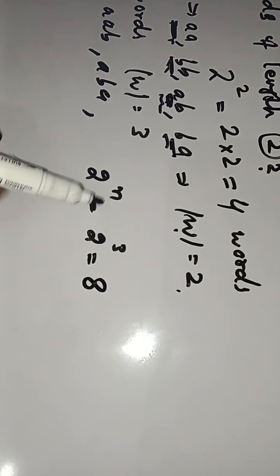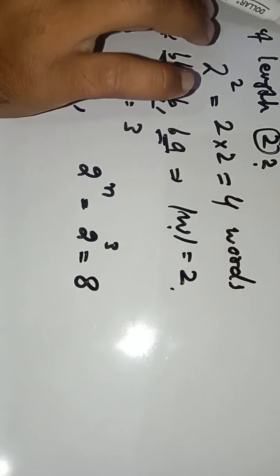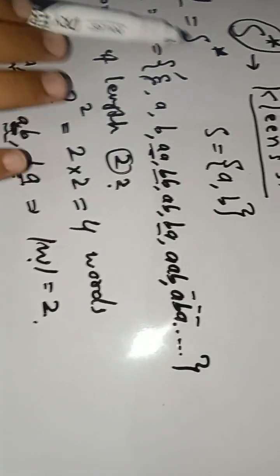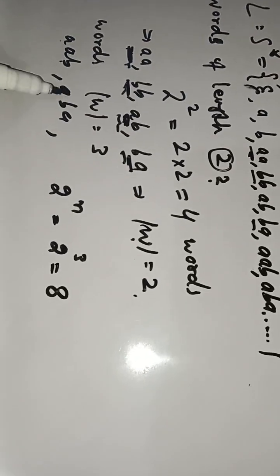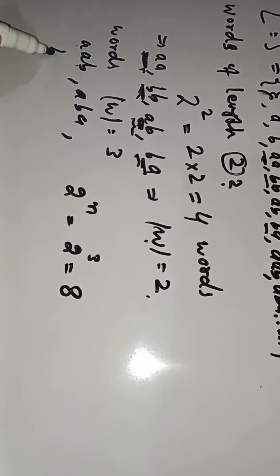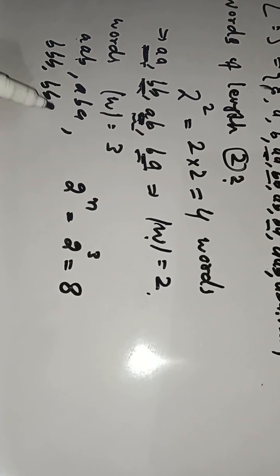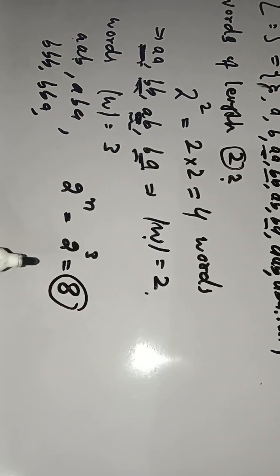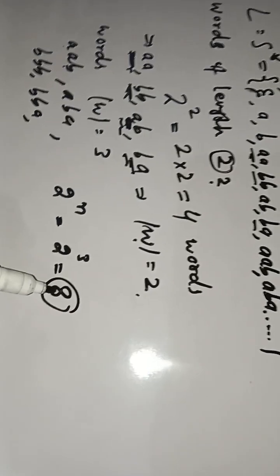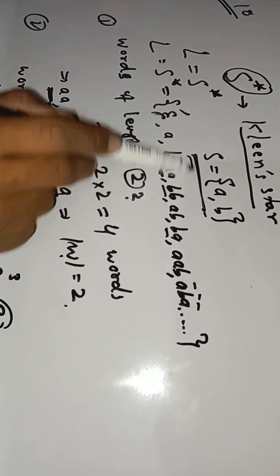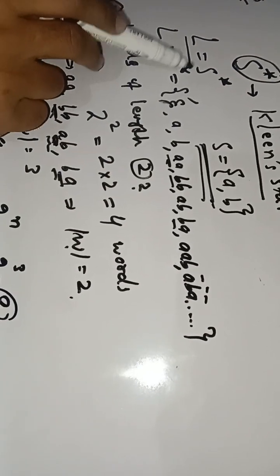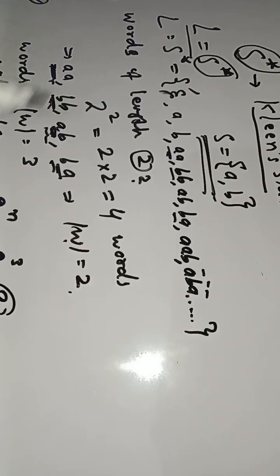The words that can be formed from the Kleene star, or the S star language, of length 3 would be like AAB, ABA, BBB, or BBA. These 8 words can be formed from this alphabet S, with language L, and that language L is S star.